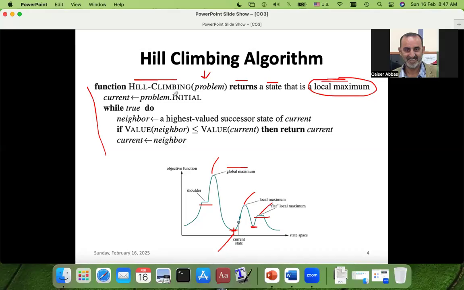Anyhow, first we are putting the initial state of the problem into this current variable. For example, if I have the points here, I'm not drawing complicated things, I'm just drawing simple things, because here we want to understand.